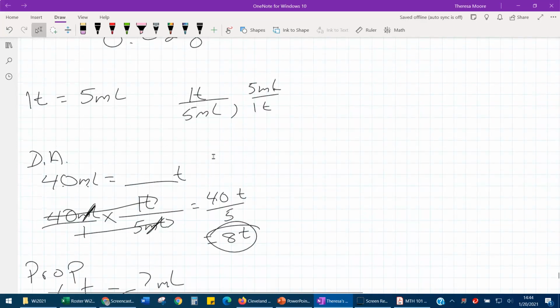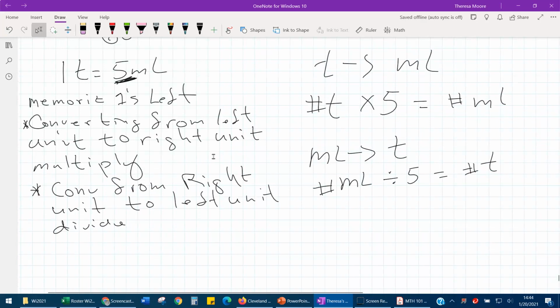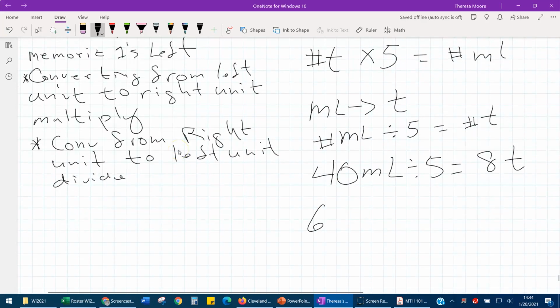So we started out with 40 milliliters. So that's the second one. 40 milliliters, divide by 5, gives me 8 teaspoons. In that second example, we had 6 teaspoons. Multiply by 5, and that gives me 30 milliliters.